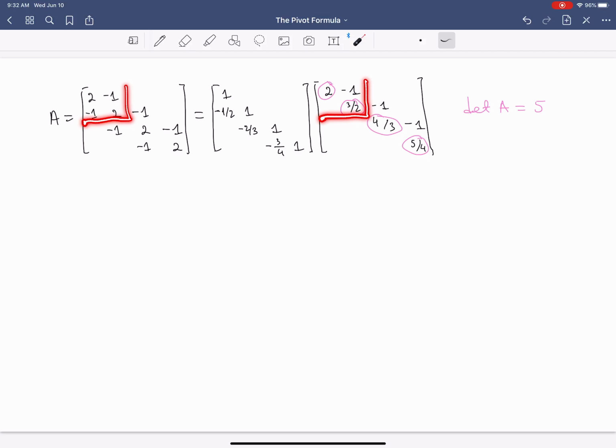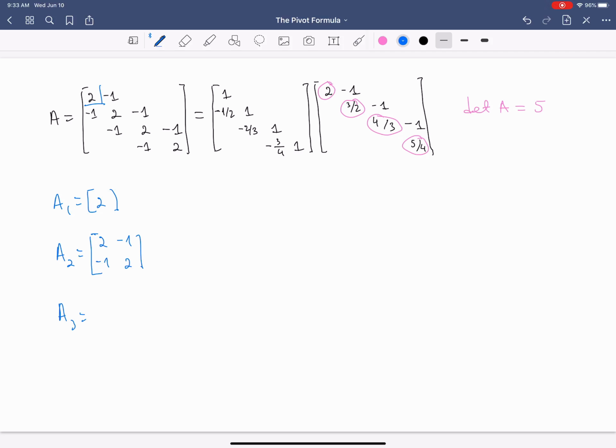So just like in the previous case, if you have A1 to be the matrix with only the upper left 1x1 submatrix, A2 to be the upper left 2x2 matrix, A3 to be the upper left 3x3 matrix, 2, -1, -1, 2, -1, -1, 2, and then A4 to be the whole matrix, then the determinant of A1 is the first pivot, which is 2.